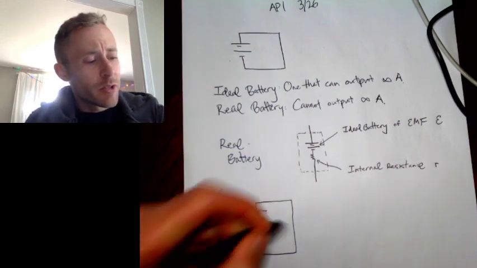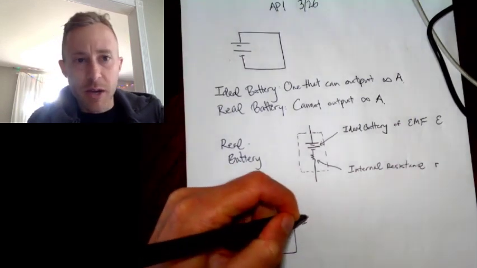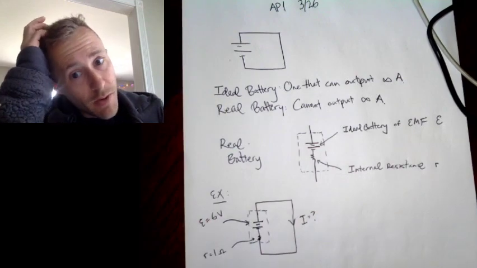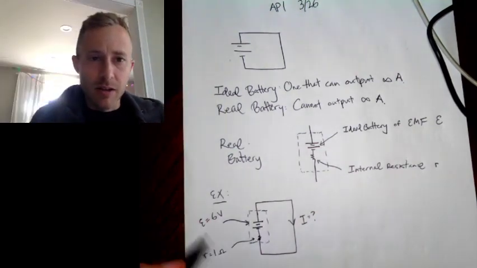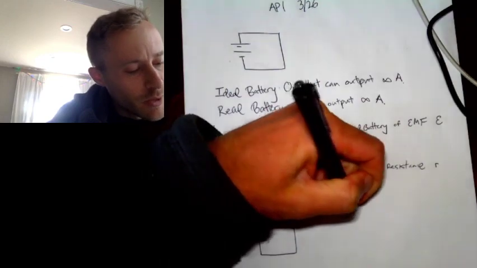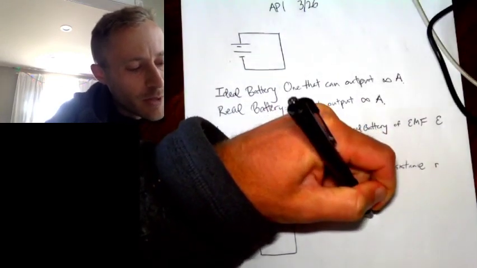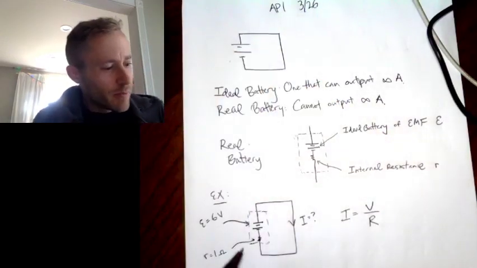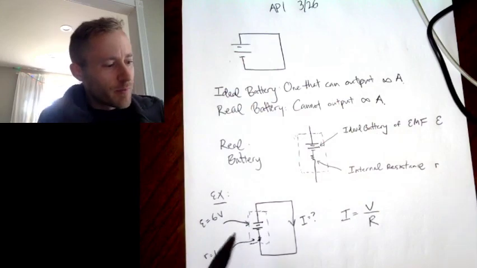How much current are we going to get if we short circuit the battery? Okay. And we're even going to neglect the resistance of the wires. Okay. So if I used Ohm's law, I equals V over R, we can think about this circuit as just a single battery and a single resistor.